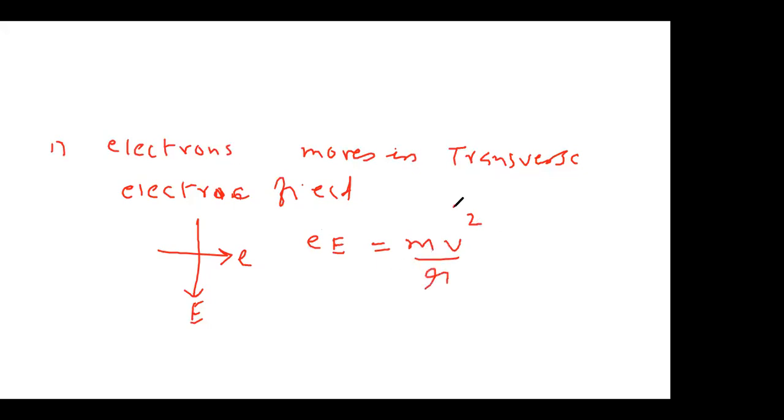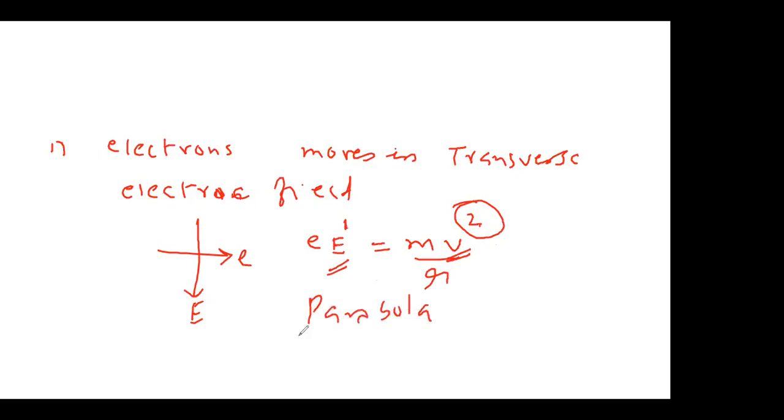What is the power of V here? 1, 2, 3, 4, how much? 2, sir. And here the power of E is 1. So one variable is the electric field, the other is getting converted into velocity. So the power of E is 1, the power of V is 2. This is the equation. Then it is a parabola.